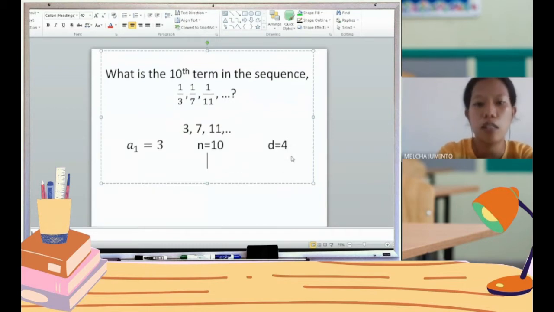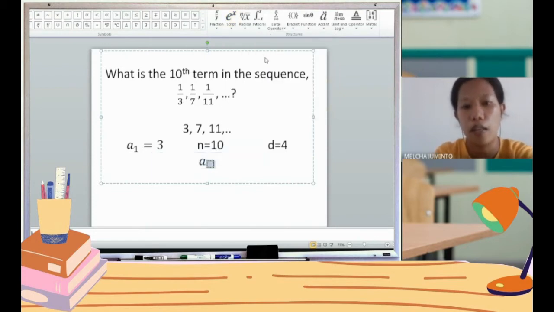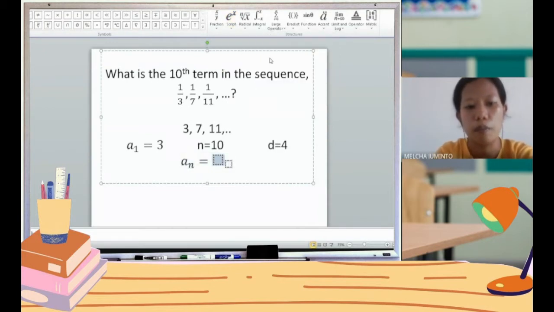So with these three values, we can now find the 10th term in the sequence, applying the formula for arithmetic sequence, which is a sub n is equal to the first term plus the quantity n minus 1 times the common difference.